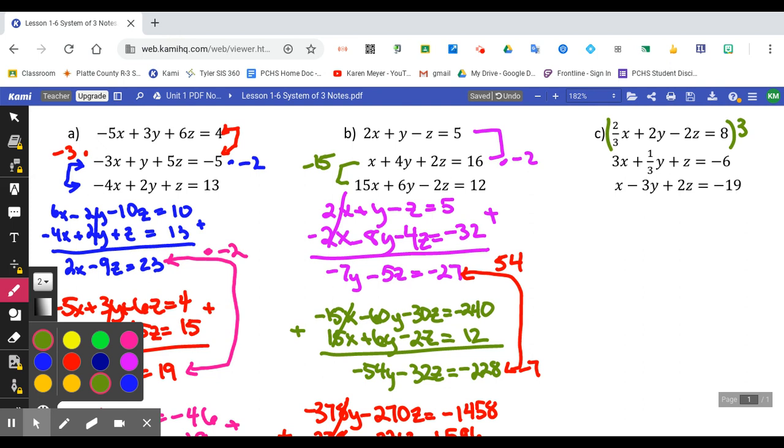So that will give me 2x plus 6y minus 6z equals 24. And then if I take the middle one and I multiply that one by the denominator to get rid of the fraction, that would also be times 3, which will give me 9x plus 1y plus 3z equals negative 18.